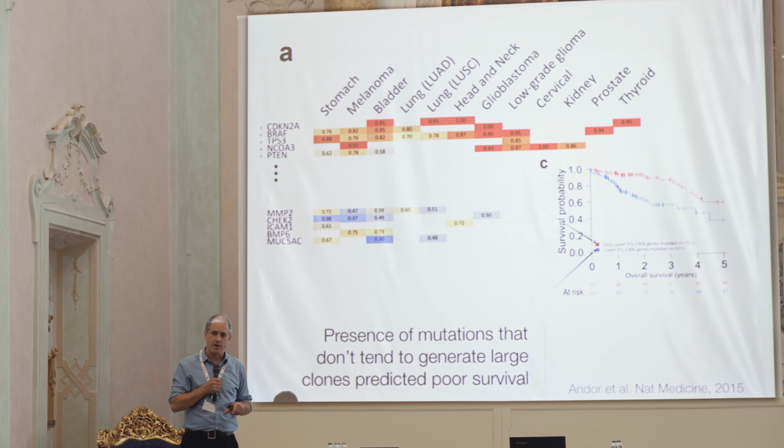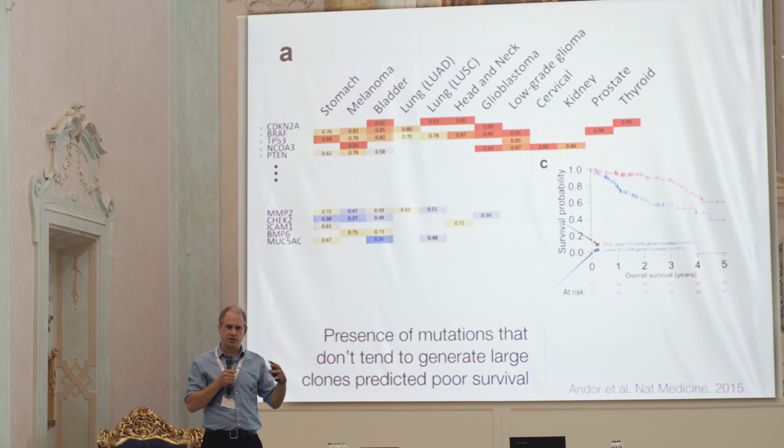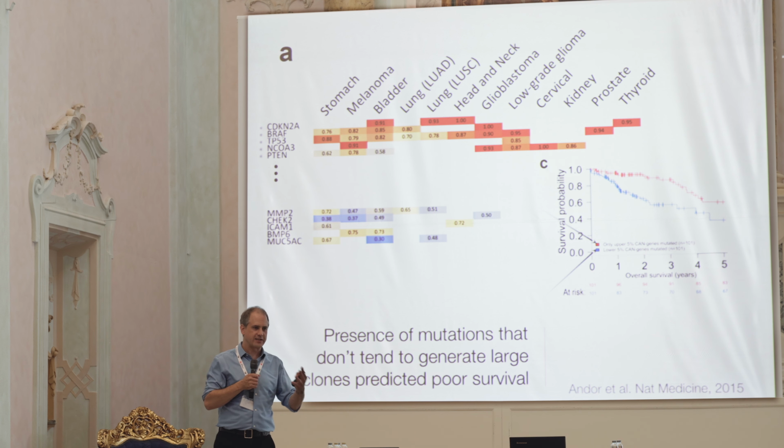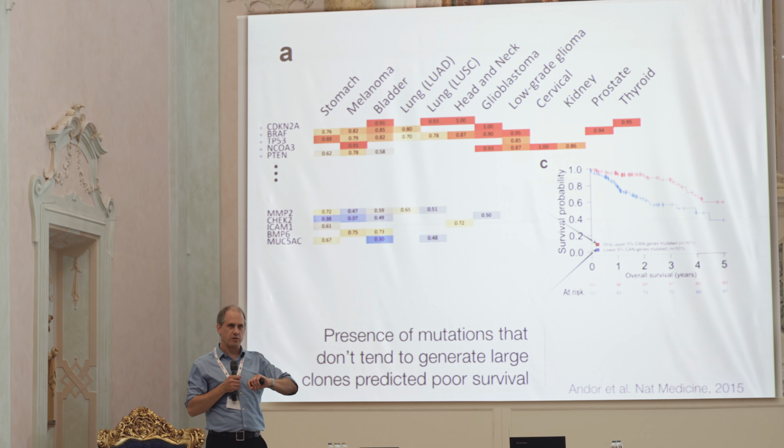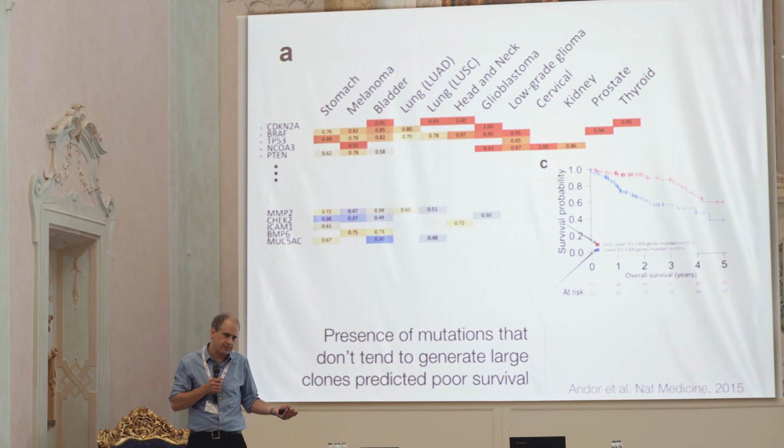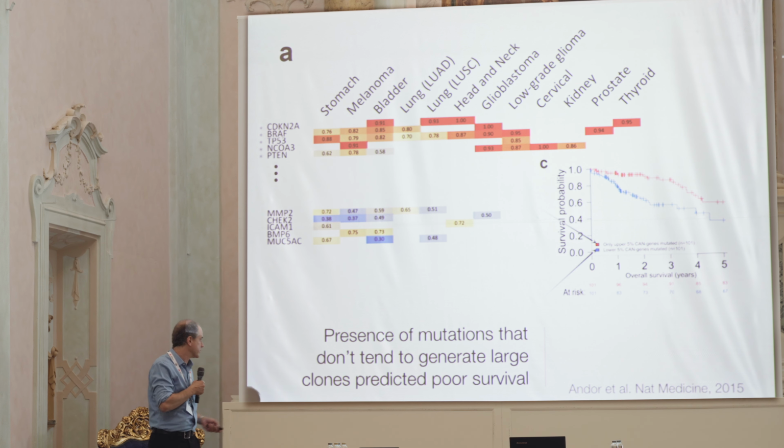So my hypothesis is that the mutations that tend to generate large clones are mutations that have a big selective effect, and so it's relatively easy for the population to discover those mutations and for them to expand. Whereas if you have a tumor that has not only discovered the easy things, but the less easy things, the harder things to discover, the mutations that have smaller effects, that tumor has explored a lot of genomic space and is probably very diverse and very evolvable. That's my guess, why we have this result. But it's an open result.